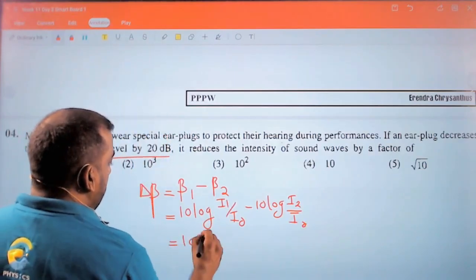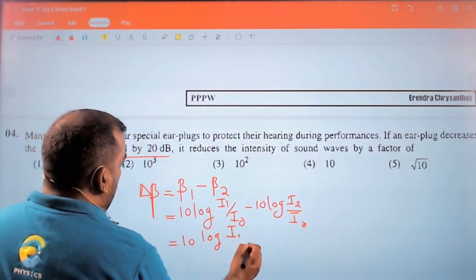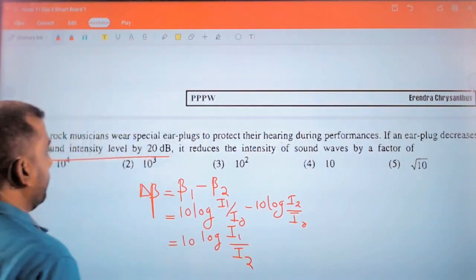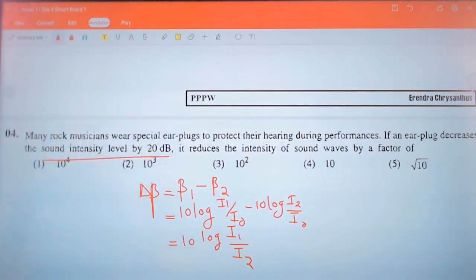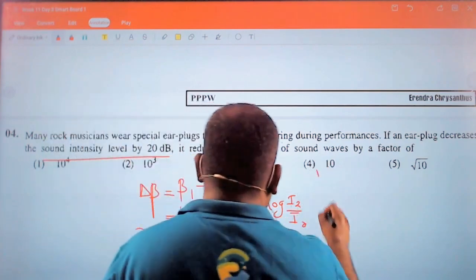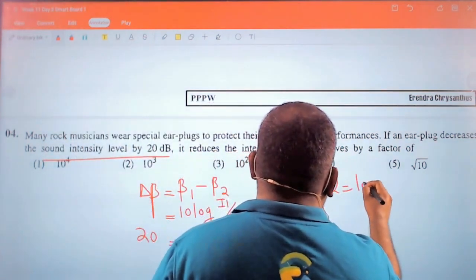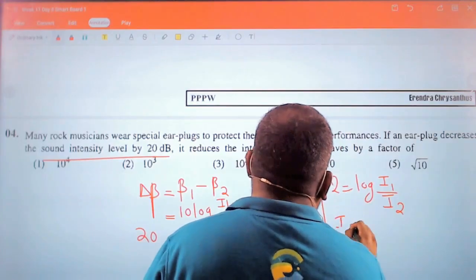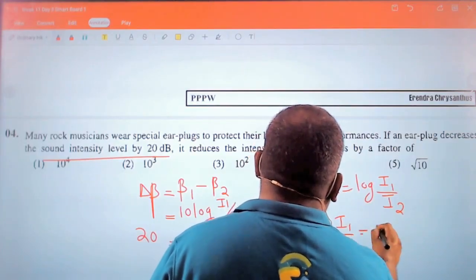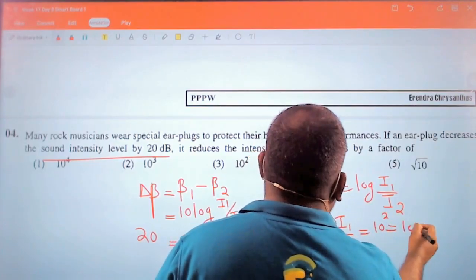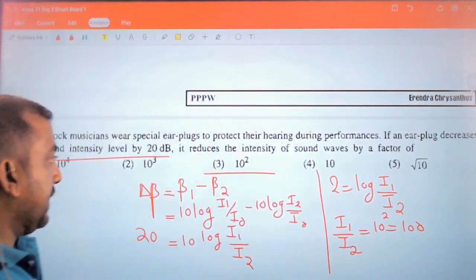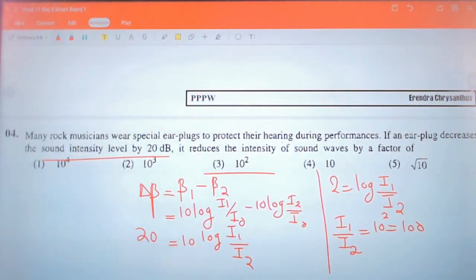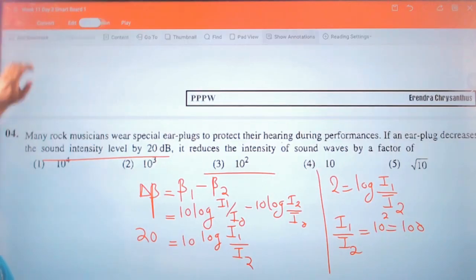Log subtraction is log division, so it is I1 divided by I2, equal to 20 decibels. So 2 equals log I1 over I2. I1 over I2 is 10 to the power 2, which is 100. The factor is 100. Fourth one, answer 3.